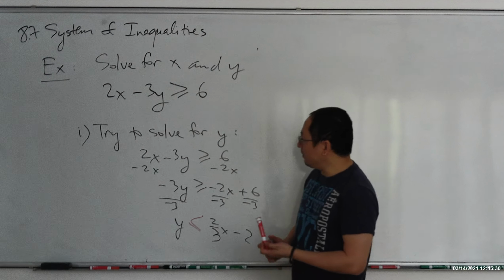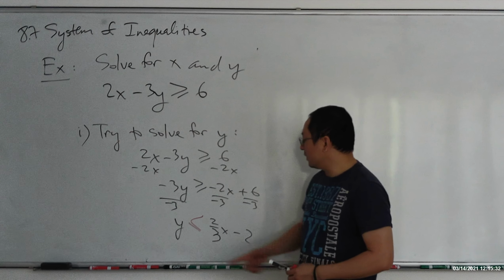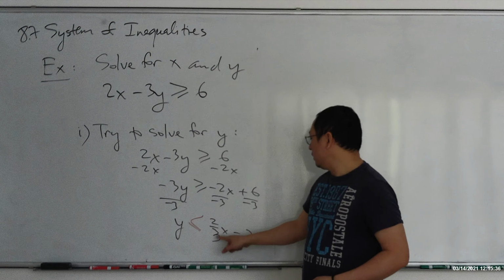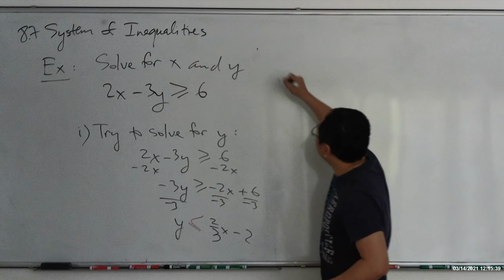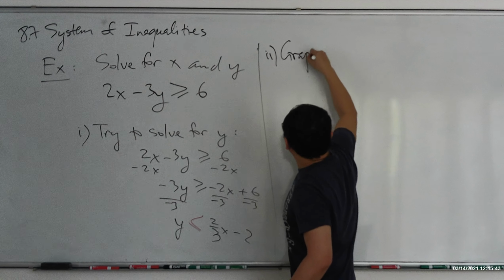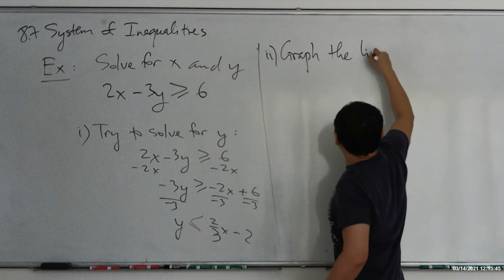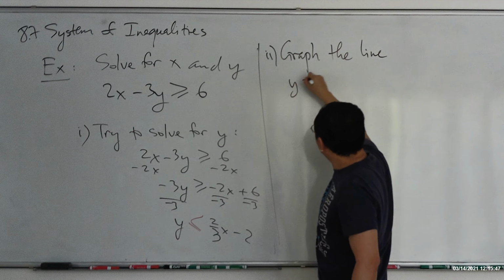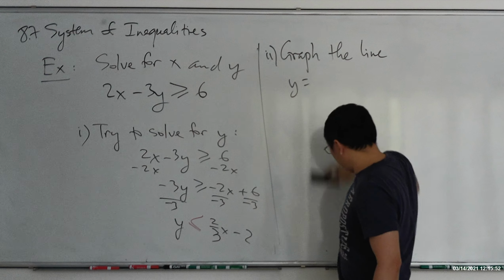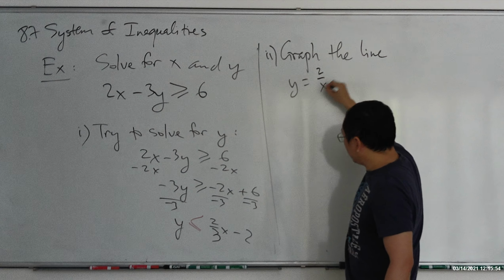Now, the second step is to graph that. We have a linear equation, y equals 2 over 3 x minus 2. So the second step, graph the line y equals 2 over 3 x minus 2.